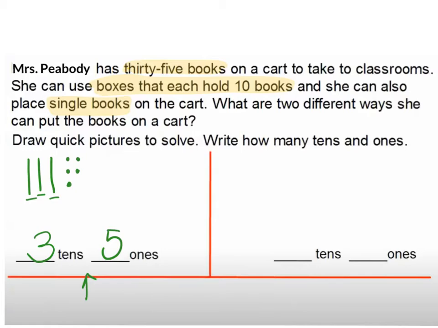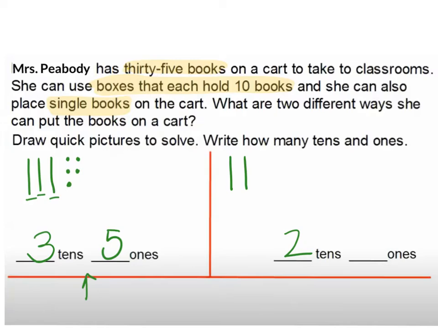Now, what's another way that we can show base 10 blocks to show these 35 books? Let's just use 2 10 blocks this time and then use 1 blocks. 10, 20. How many 10s do we have? 2. And that's the same thing as saying 20.